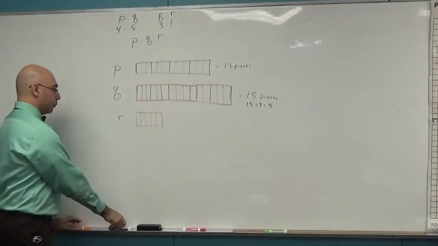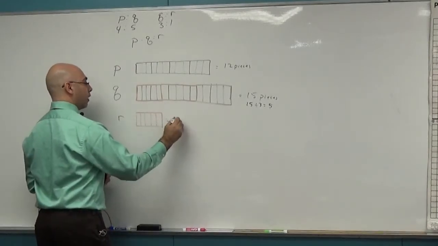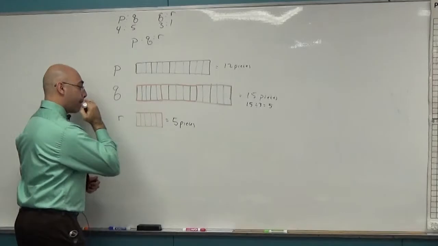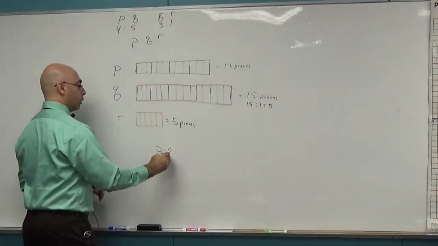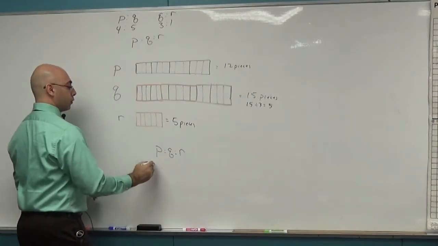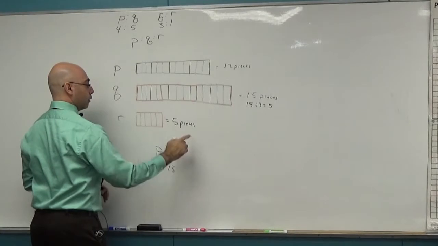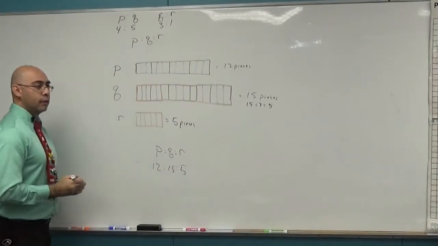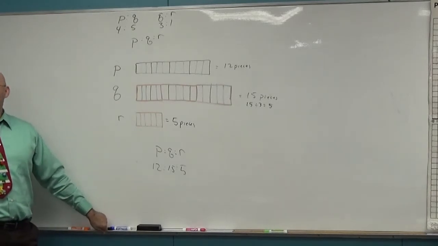So this now has 5 pieces. So my final answer, P, Q, R, is just 12, 15, and 5. So the main idea: draw a picture and cut them up into equal pieces.